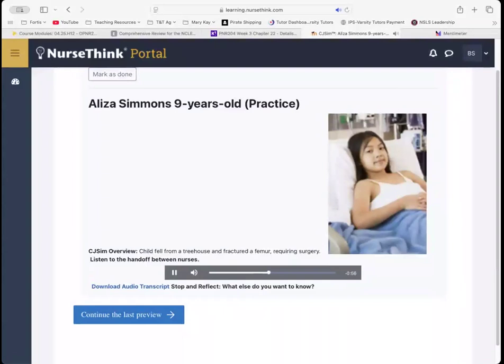The surgery included pinning of the right femur. Her estimated blood loss was 250 milliliters, and she received 1 unit of PRBCs, estimated blood replacement 200 milliliters. She has a long leg cast to the right leg from her toes to her groin that is still wet. Neurovascular status to her right foot is intact.